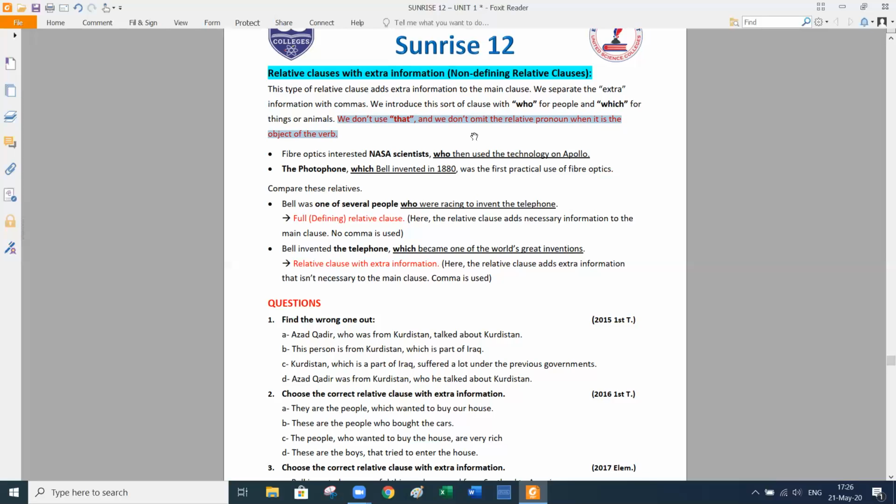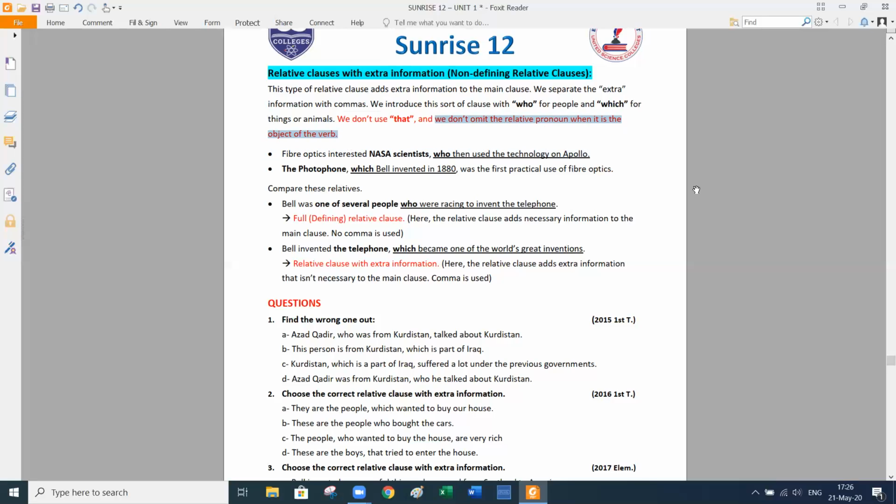And also, we don't reduce this kind of relative clause. We don't reduce relative clauses with extra information. It means when the relative pronoun is the object, we don't omit it. We don't omit the relative pronoun when it is the object of the verb. Never, ever.